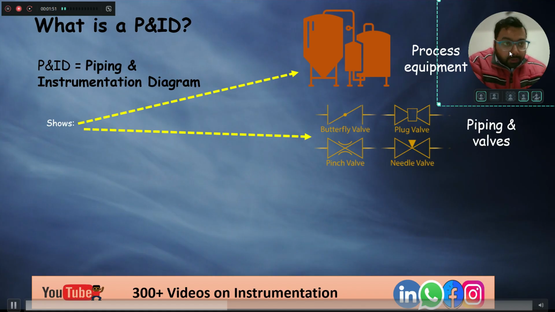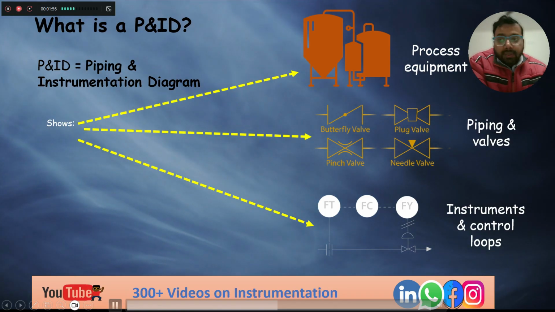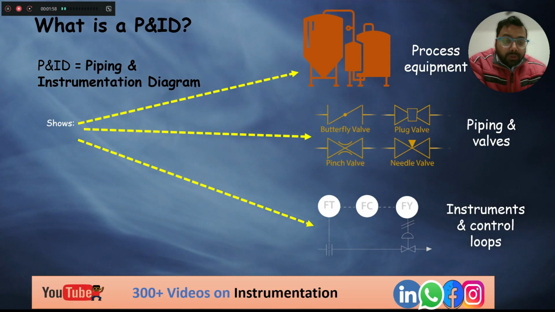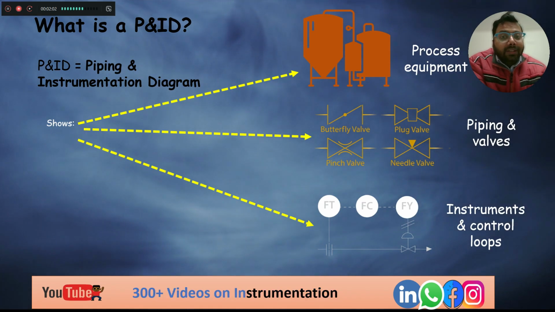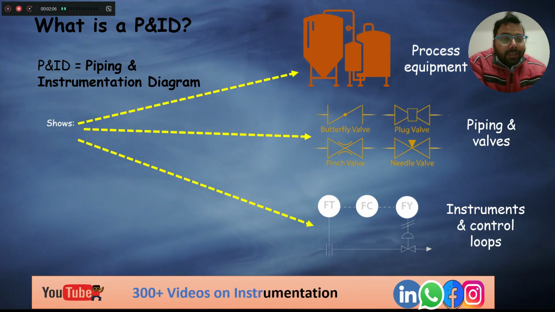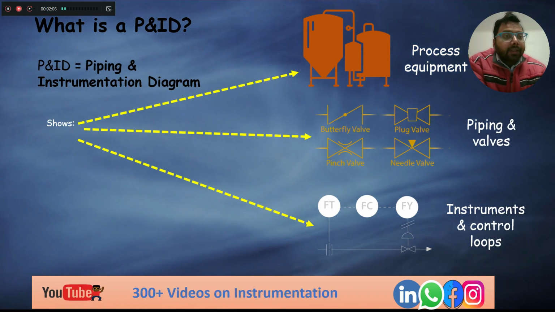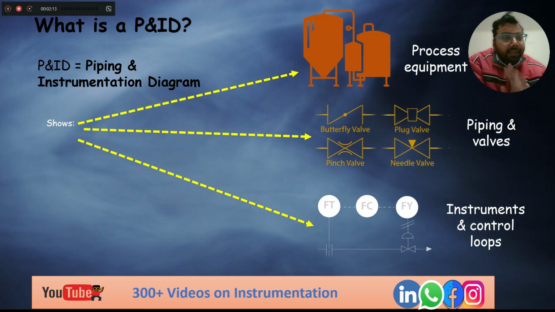Third, but not the least, instrumentation and control loops. The most significant and important part is the instrumentation and its control loop, how it is controlled by any control philosophy, whether it is a DCS, a PLC, or a single loop controller.